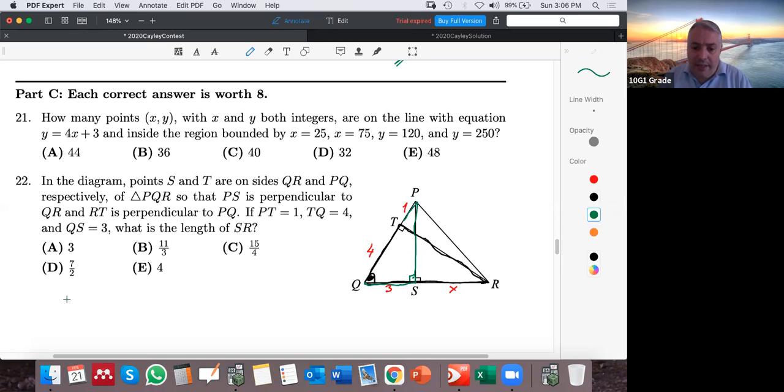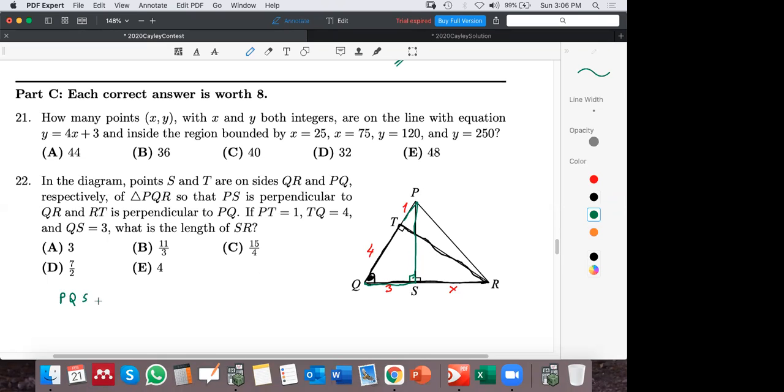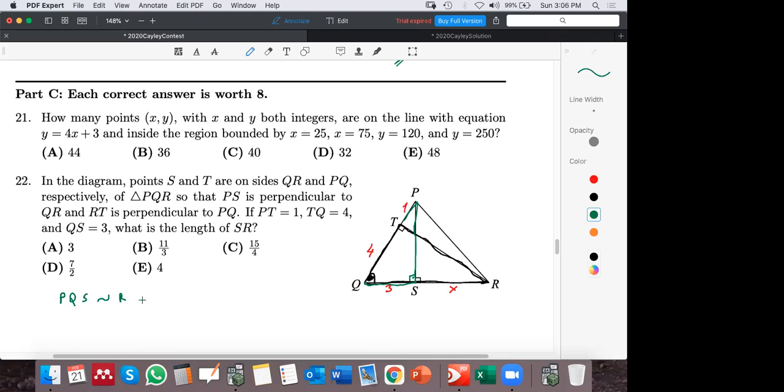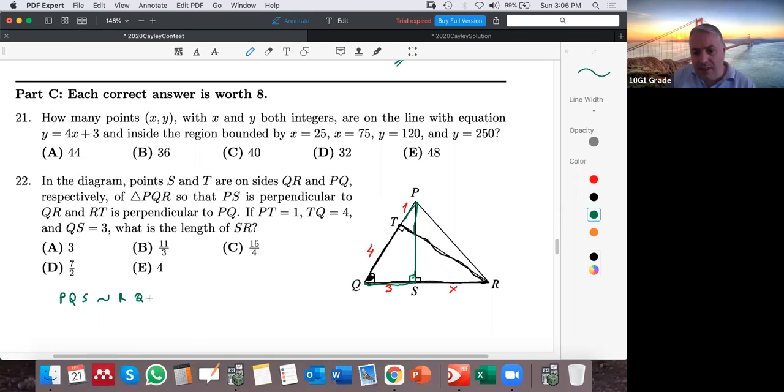So if I write P, Q, S, similar to which one? R, Q, T. What is left? T. R, Q, T. Let me check.